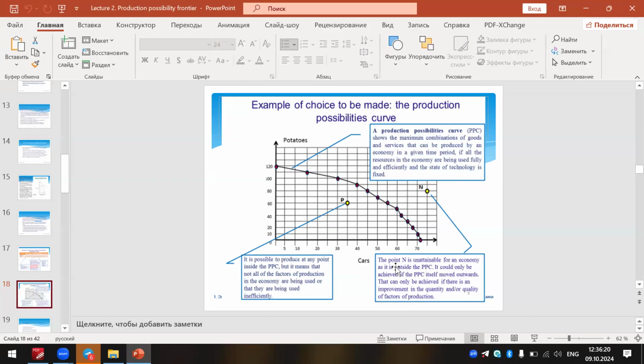If the point N is unattainable in the economy outside of this production possibility frontier, so it means we achieved improvement in quantity or quality of the factors, but with additional resources, additional technology, yeah, we used here.